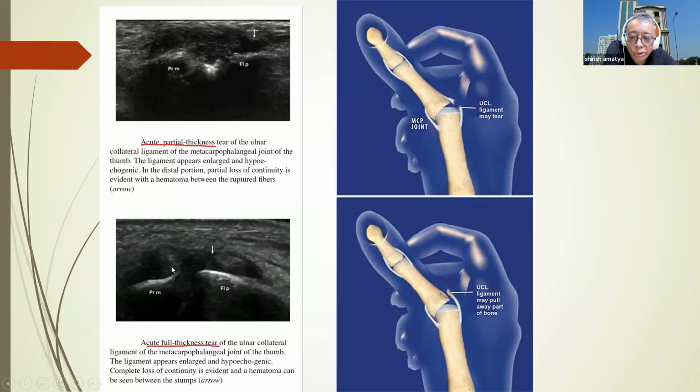You can easily see two stumps, and in between the two stumps of the ulnar collateral ligament, you can see the hypoechoic or anechoic area, that is the tear or effusion, full thickness tear or effusion of the ulnar collateral ligament. And this picture you have already seen, there is a tear as well as avulsion fracture of the ulnar collateral ligament. So these pictures are the example of the skier's thumb.